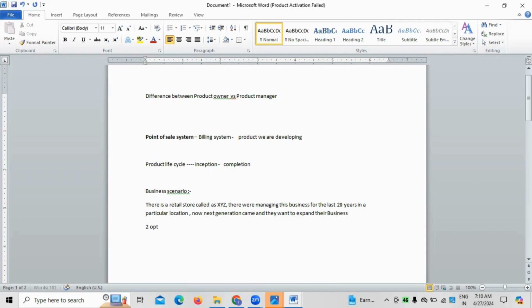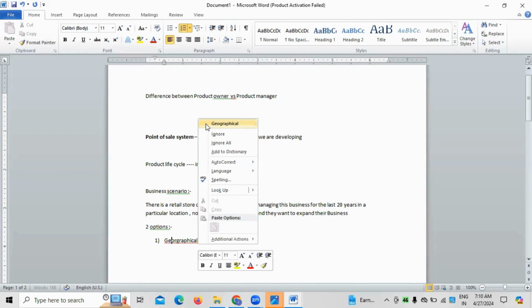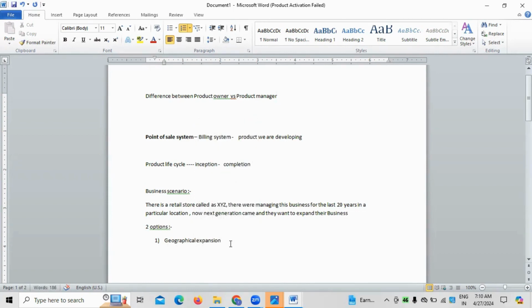What are the options? First, geographical expansion, so expanding stores in multiple places is something they can do. Second, online sales.